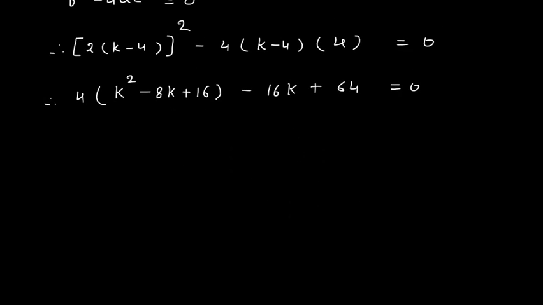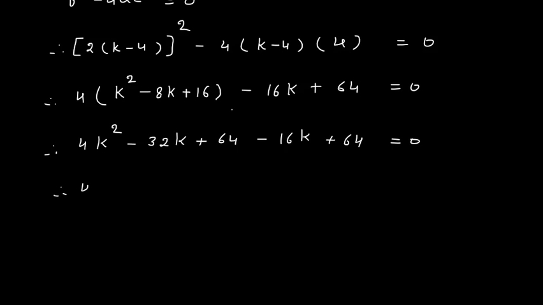Okay, so therefore now I have 4k square minus 4 8s are 32k plus 16 4s are 64 minus 16k plus 64 equal to 0.